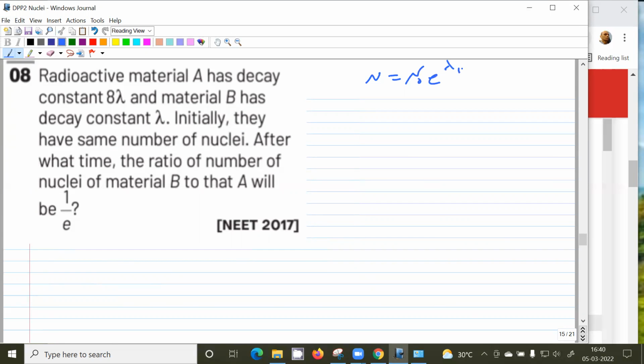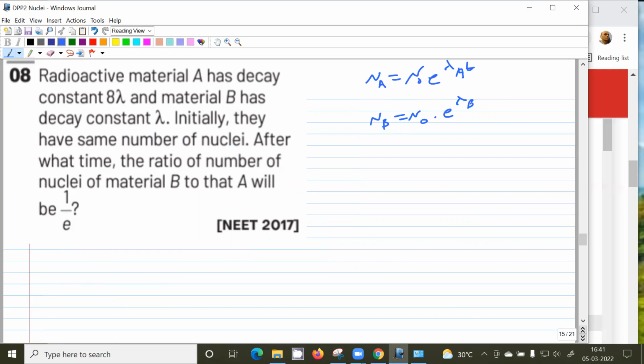This is for the first one. Let me call it lambda 1 t, let this be N1. So lambda 1 is 8 lambda. Similarly N2. And initially they have the same, so N naught is the same for both A and B. So NB is the same N naught.